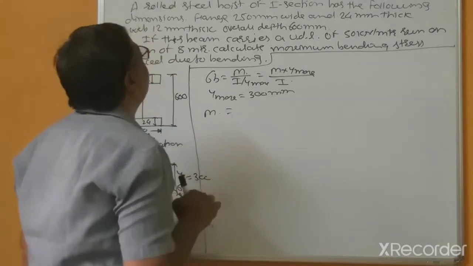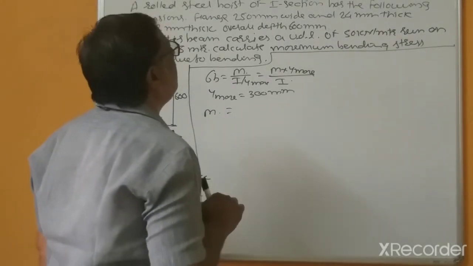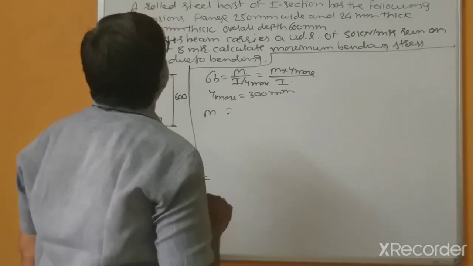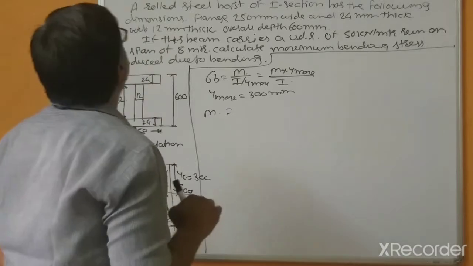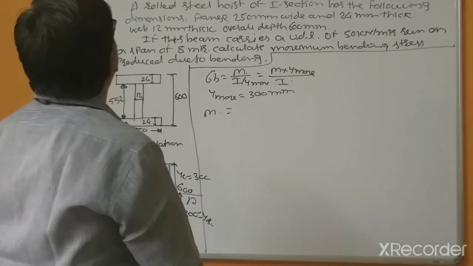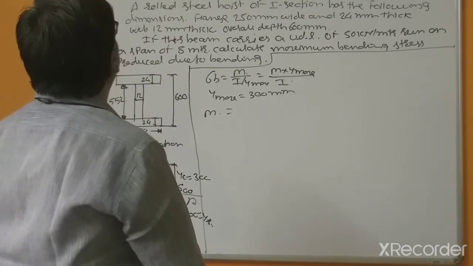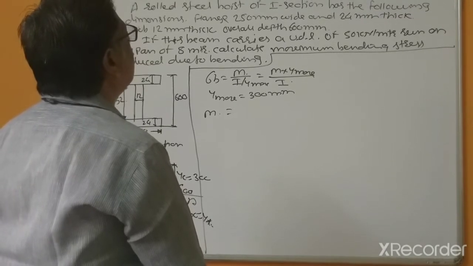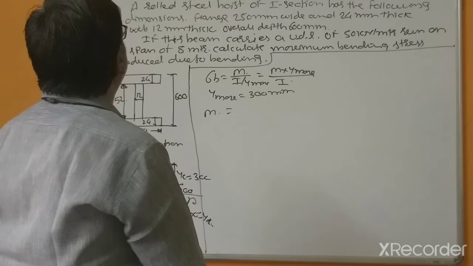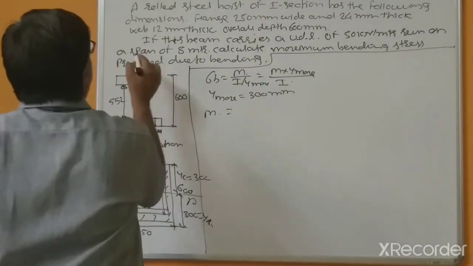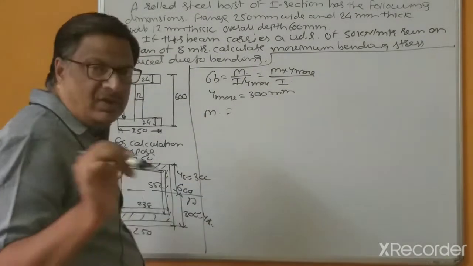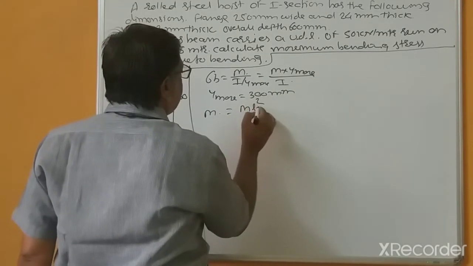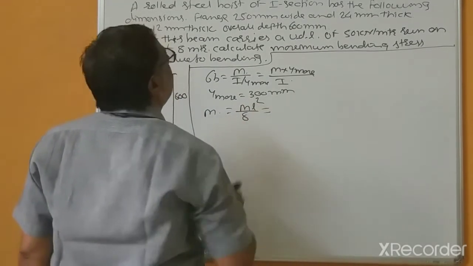This is a simply supported beam carrying UDL of 50 kilonewton per meter over a span of 8 meter. So the maximum bending moment is WL squared divided by 8.